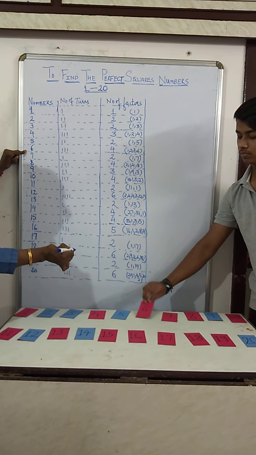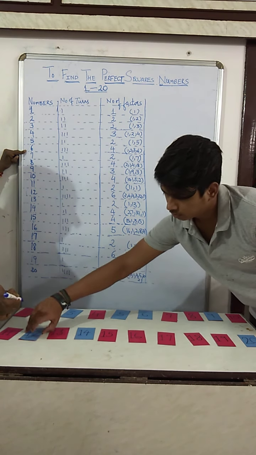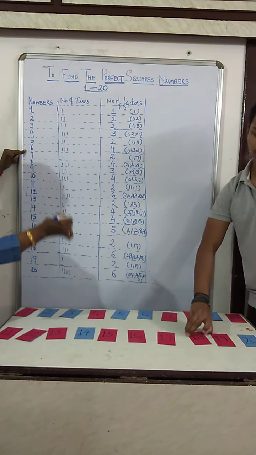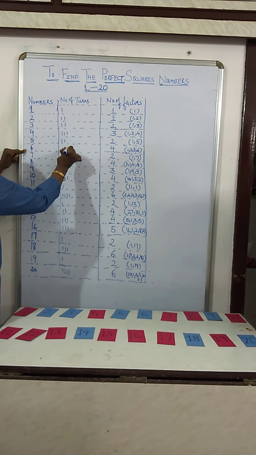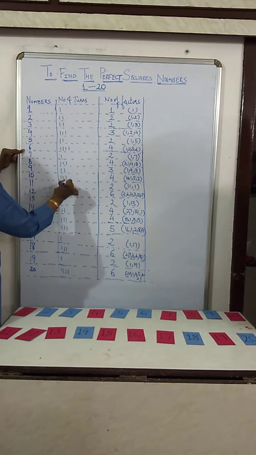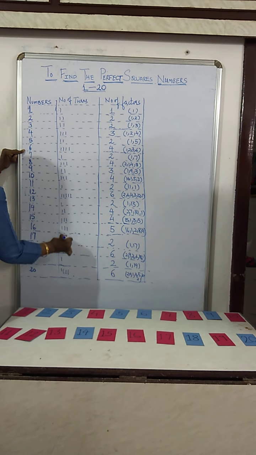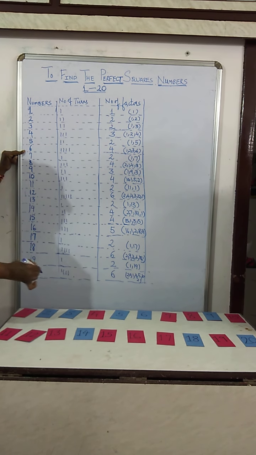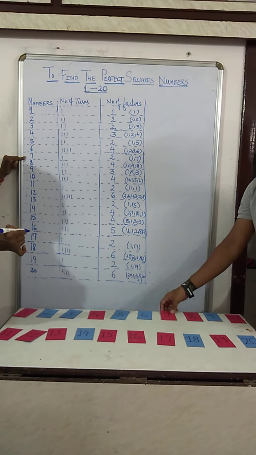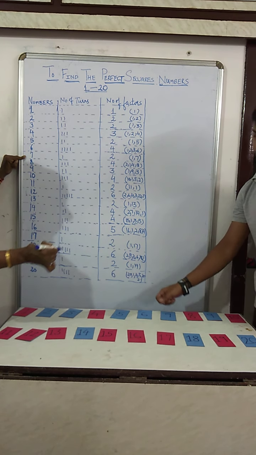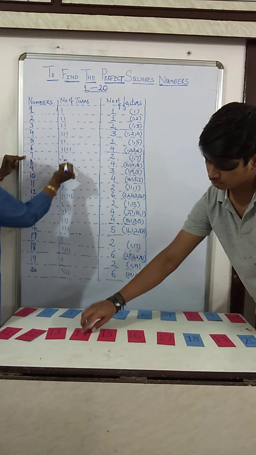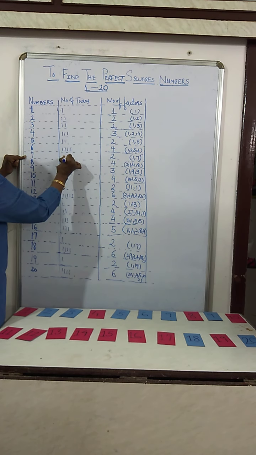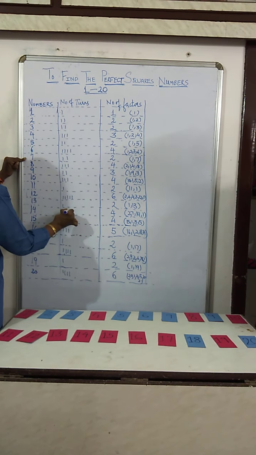Now we come to the next, that is 6. The multiples are 6, 12, 18. So the cards which were turned were 6, 12 and 18. Now we come to the next number, 7. 7 and 14. So 2 cards are turned, 7 and 14.